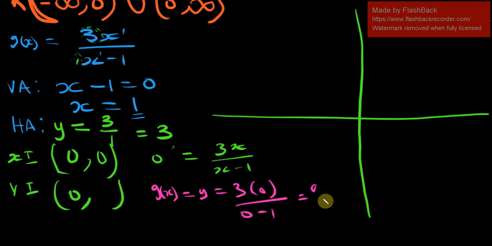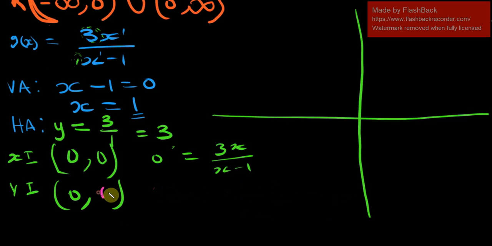So 0 divided by negative 1 equals 0 as well. So the x-intercept and the y-intercept are more or less the same.